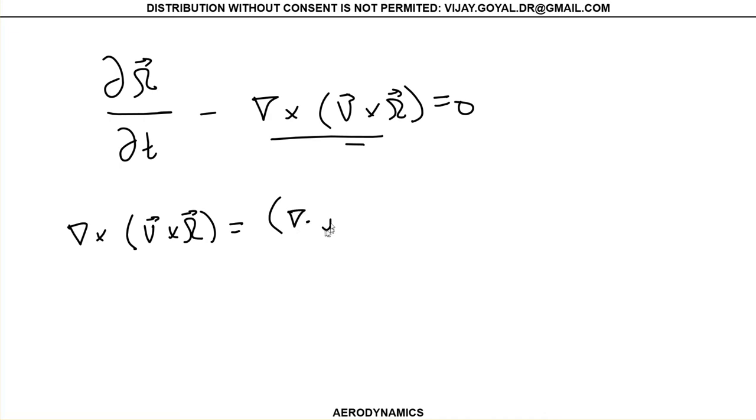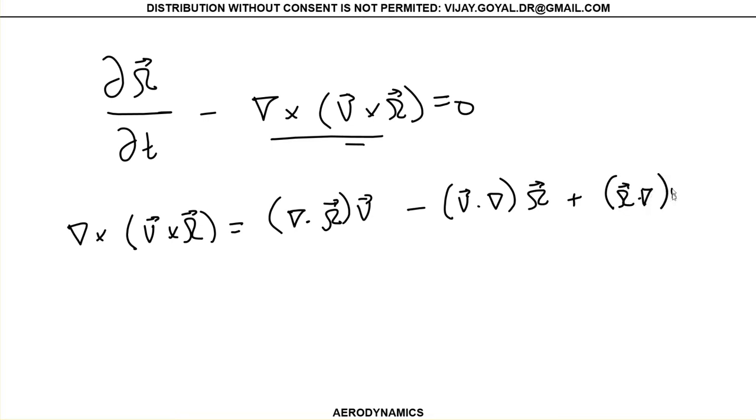So this is the same as the gradient dot the vorticity times the velocity, minus v dot the gradient of the vorticity, plus vorticity dot the gradient of v, minus v dot this times vorticity. Now, a couple of things you have to know.